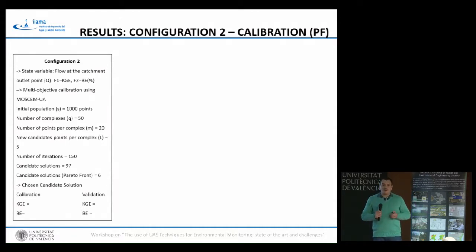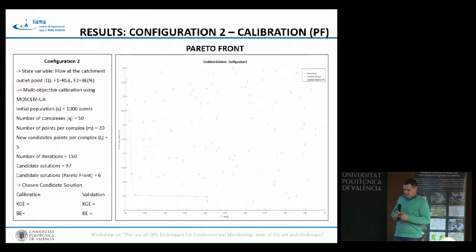After more or less 40,000 simulations, we got 97 candidate solutions, and from these candidate solutions, 6 are part of the Pareto front, as we can see in this picture. This is the Pareto front, and these are the solutions composing the Pareto front.